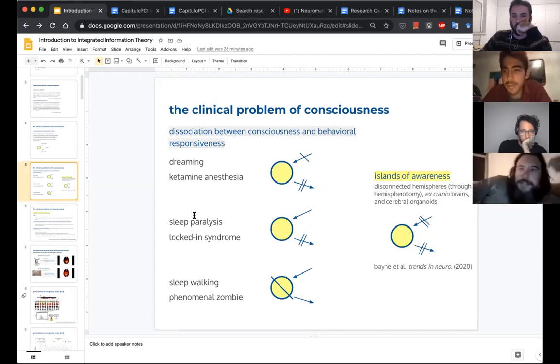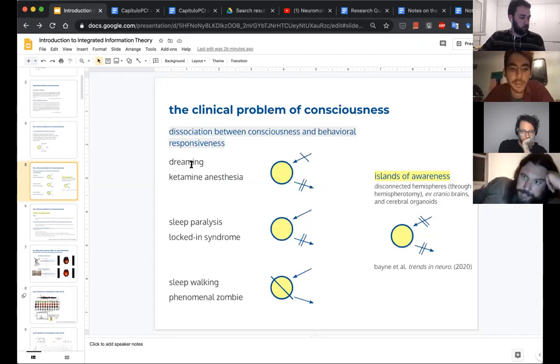The main case is dreaming, in which you're mostly disconnected from the world, but experience is still there. You have a whole new world of subjective experiences, but sensory input is basically blocked, and you also have no motor outputs. The same happens in ketamine anesthesia.